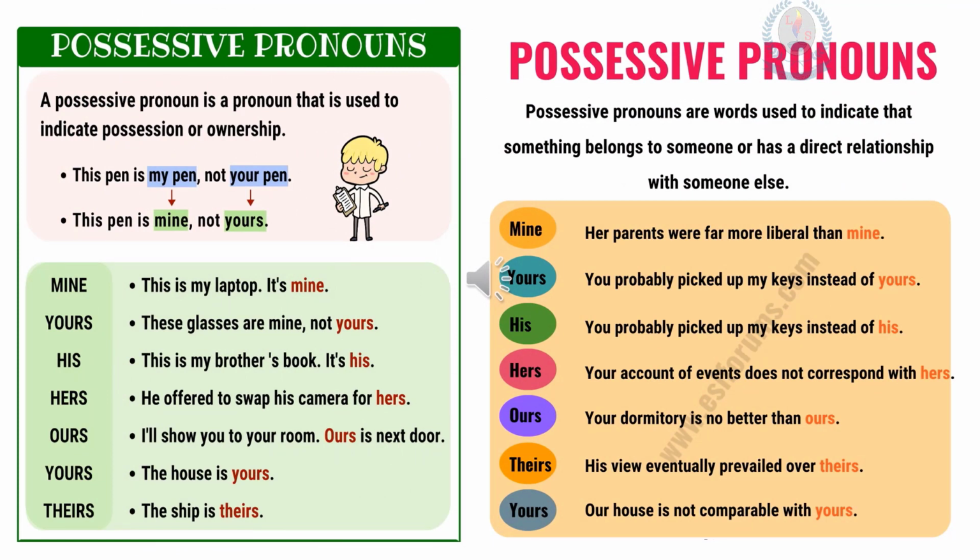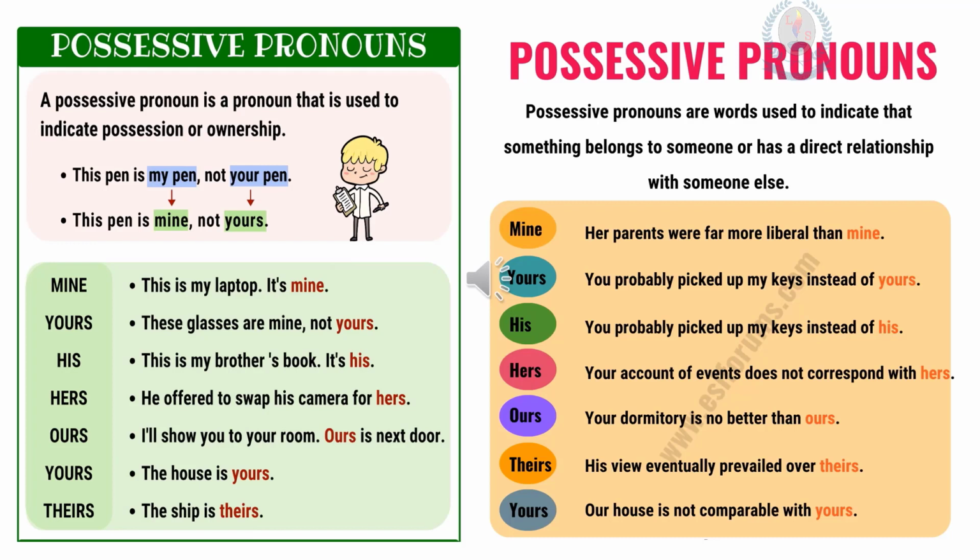Now you have some more examples for your reference. So let's see, they are about possessive pronouns. A possessive pronoun is a pronoun that is used to indicate possession or ownership. I told you earlier at the beginning itself, you possess something. You show the ownership by using possessive pronouns.